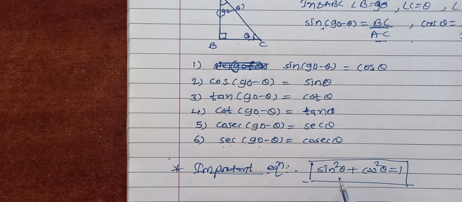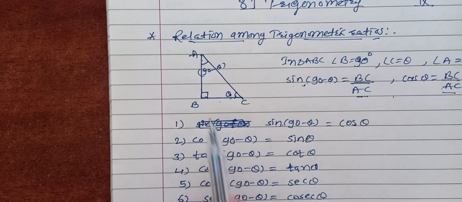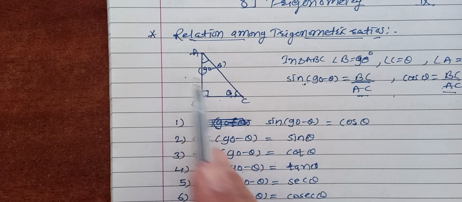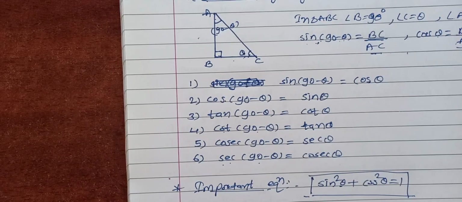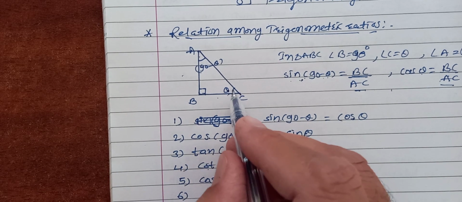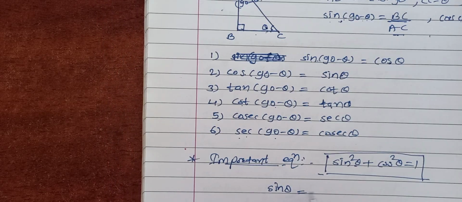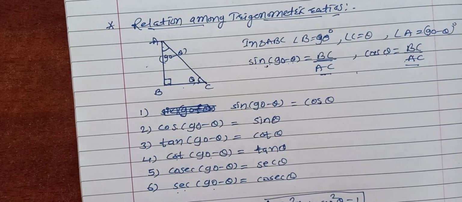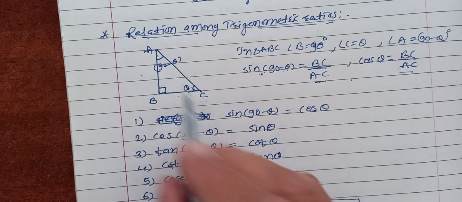Using the diagram, you just find sine theta, cos theta. Suppose we find this one. So what is sine theta? Sine theta is AB upon AC. Okay. And cos theta, from this figure, BC upon AC. So easily we can find this one.